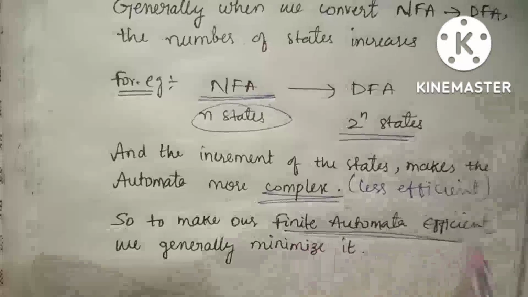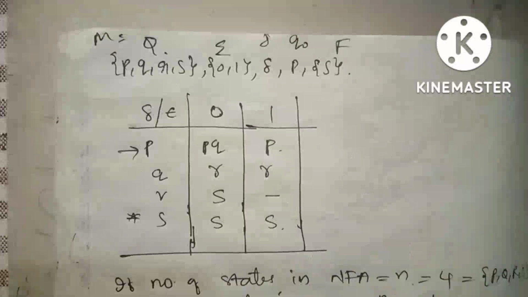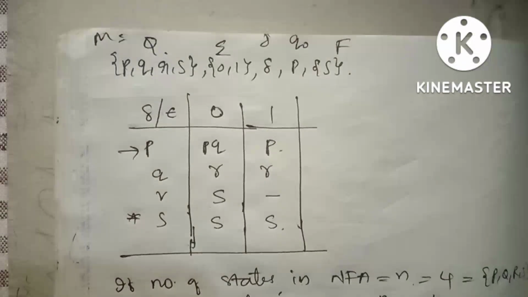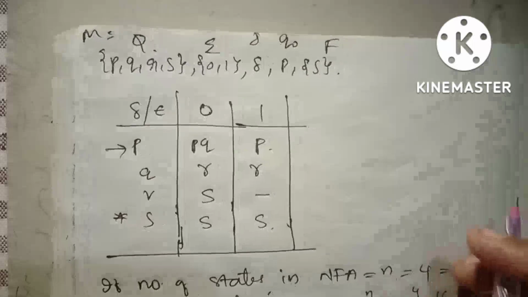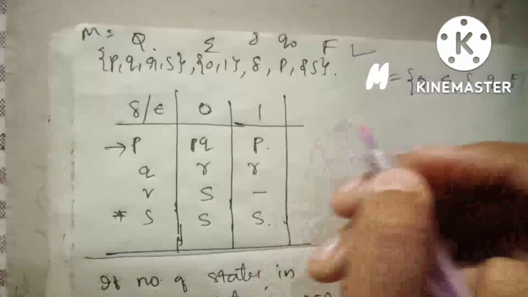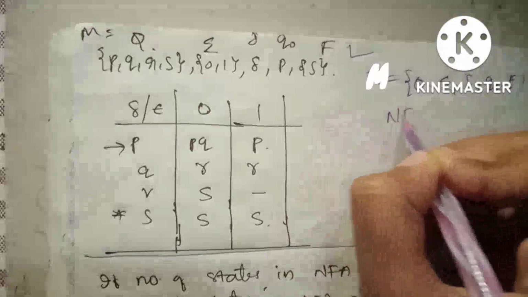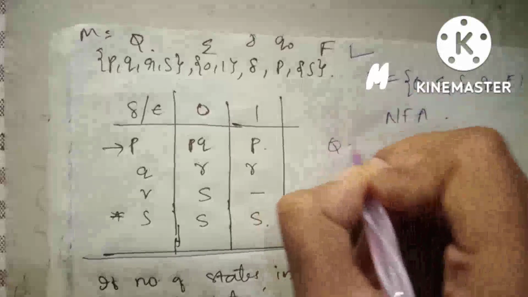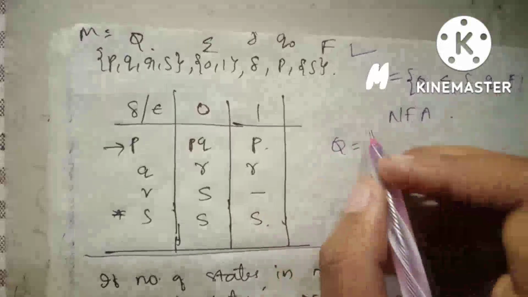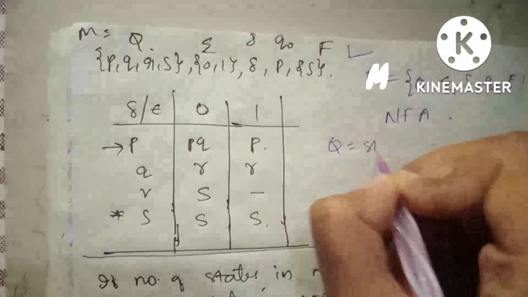automata more efficient. Now let us see how this minimization process is done when we convert NFA to DFA, and here we are using the subset equivalent method. So now let us go. In the question, it is regarding NFA, where Q is nothing but the states.